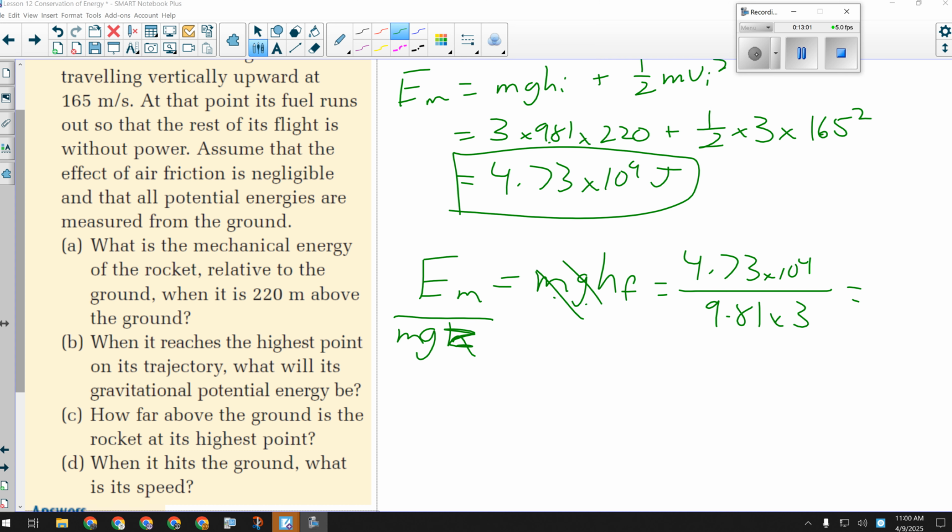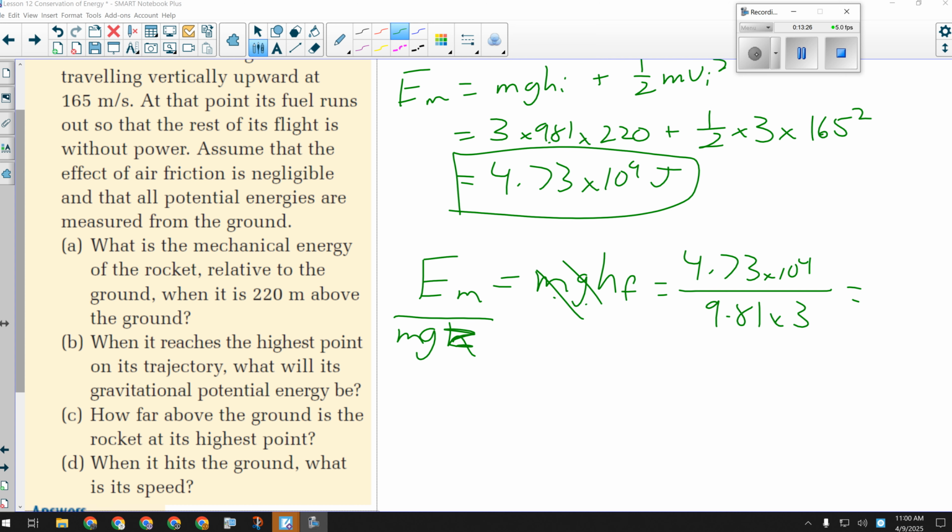The law of conservation of energy says that number is the same anywhere along the path of the rocket, until the instant after it hits the ground. We are talking about the instant it hits the ground. It still has that much energy, and since it's hitting the ground, all of it is kinetic. There's no potential because our height would be 0 on the ground.